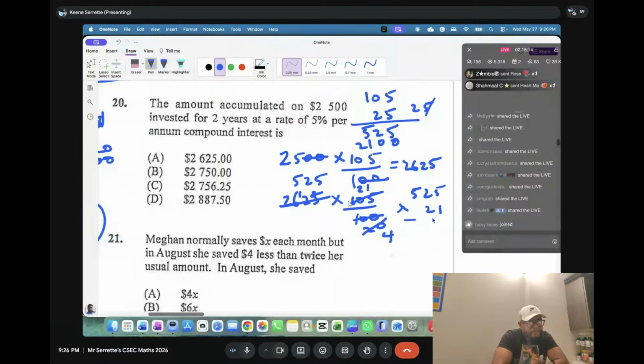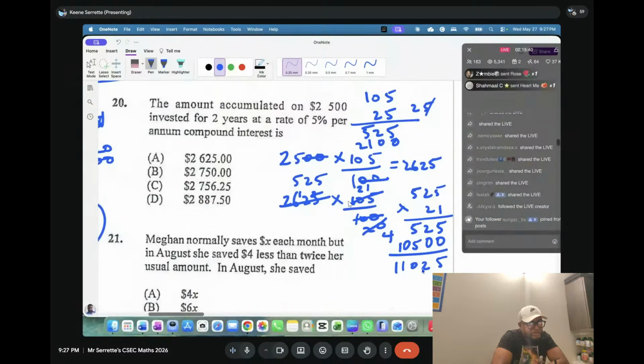Somebody multiply 525 by 21 now. 11,025. 5 times 2 is 4 and 1 is 5. Yeah, again, 525 times 21 is 11,025.